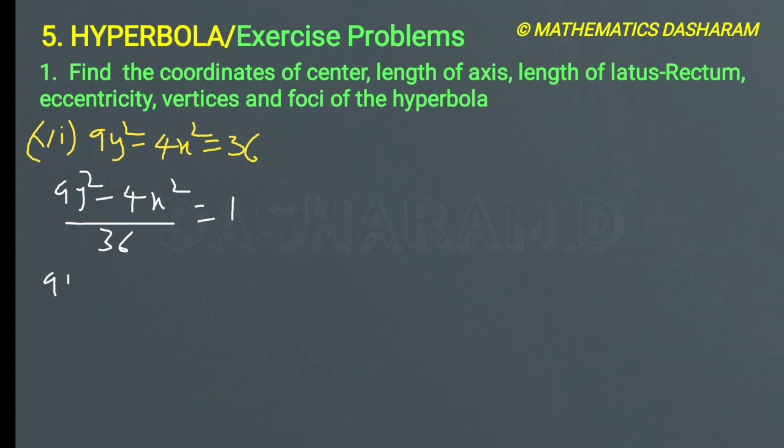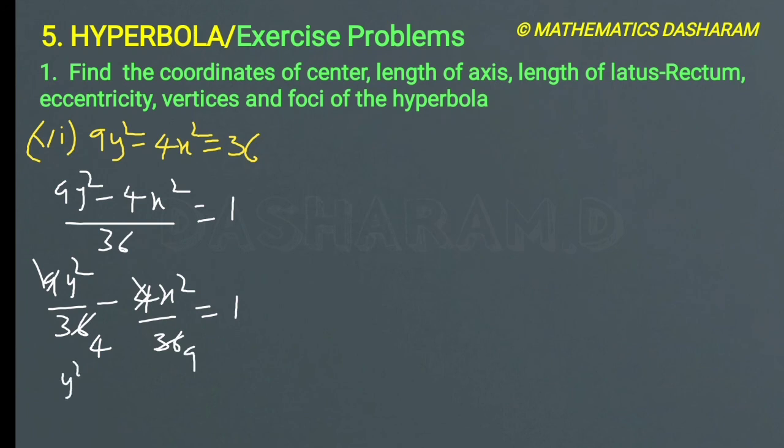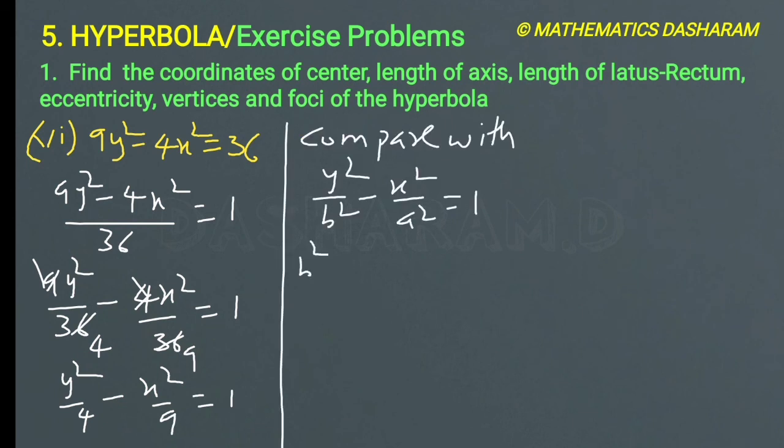Now split into two fractions, 9y square divided by 36 minus 4x square divided by 36. Now 9 ones are 9, 4 fours are 4, ones are 4, nines are y square divided by 4 minus x square divided by 9 equals 1. Let's compare with the standard. So then b square equals 4, then b equals 2.